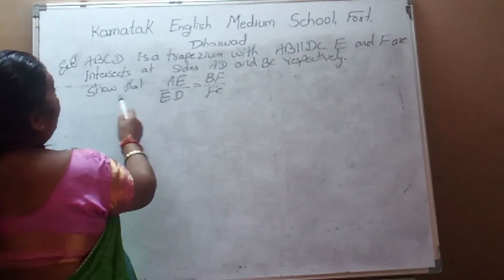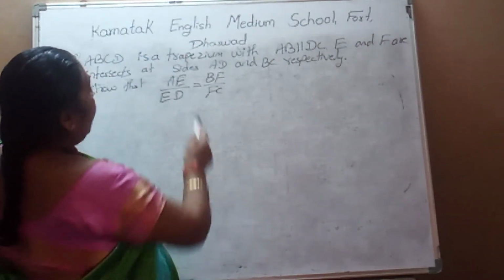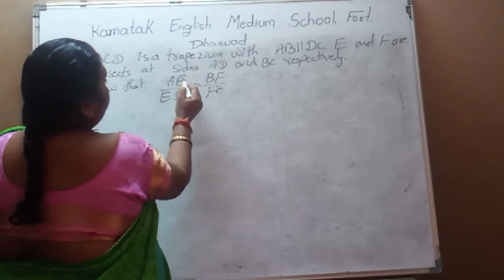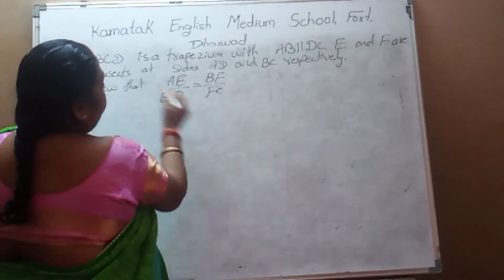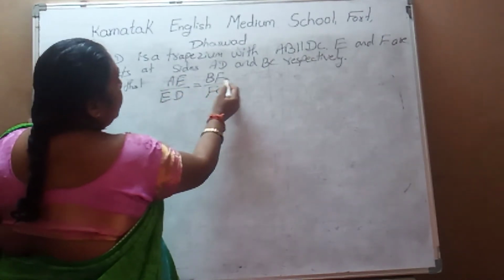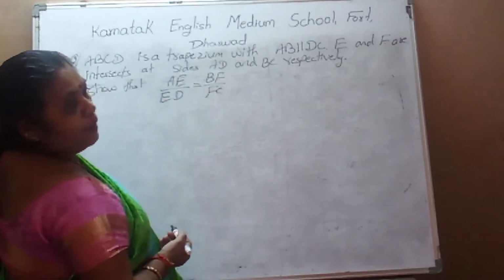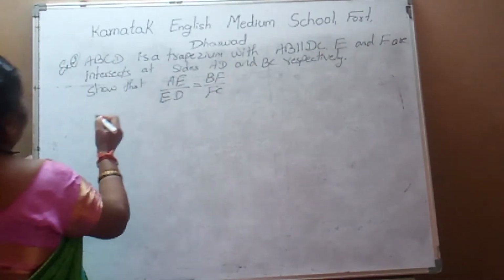You have to show that AE divided by ED equal to BF divided by FC. How? It is very easy.